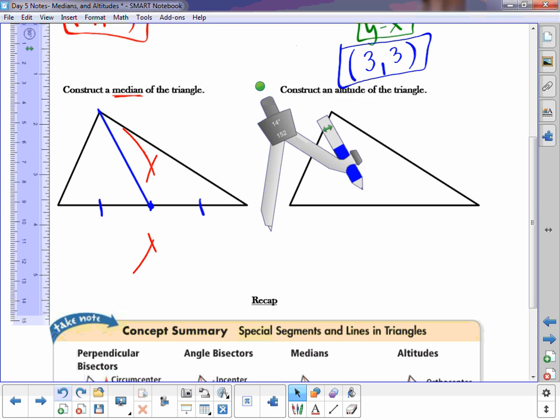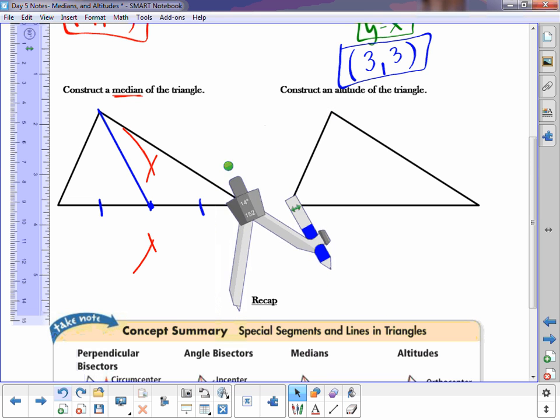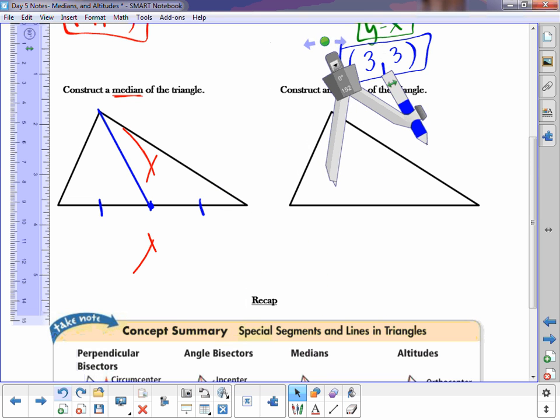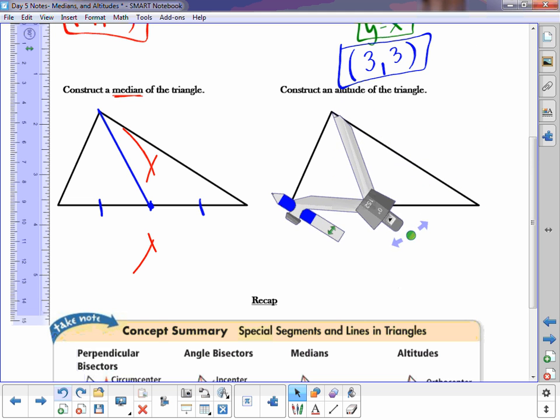Okay. So altitude, again, it's been a while since we've done this kind, but the idea of what we're going to do is take this point and find the perpendicular that goes through that line. Now, our first step for this is to put our compass on that vertex, swing it around here, and set it at a distance that will intersect the side in 2 locations.